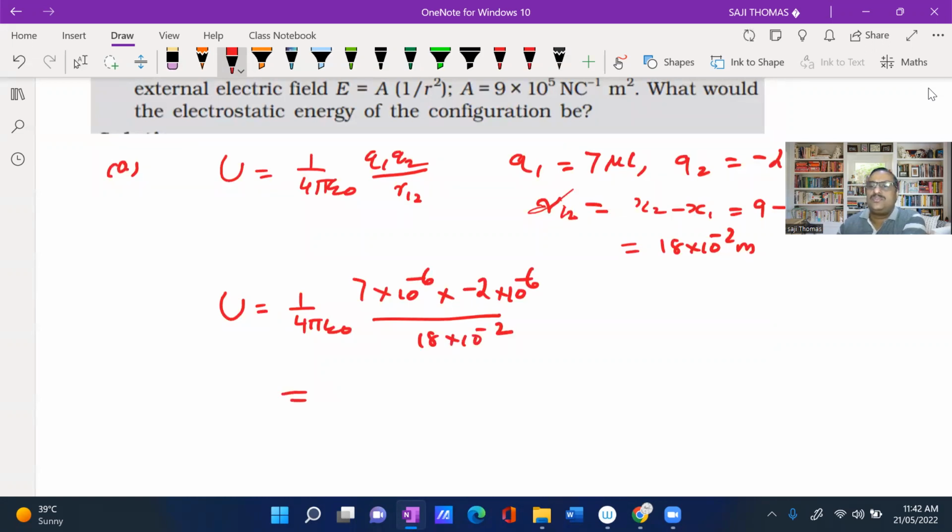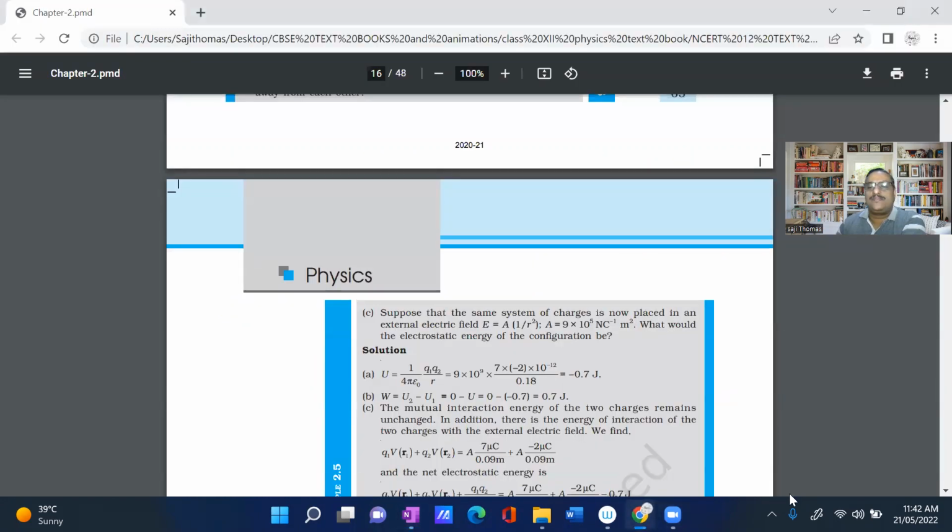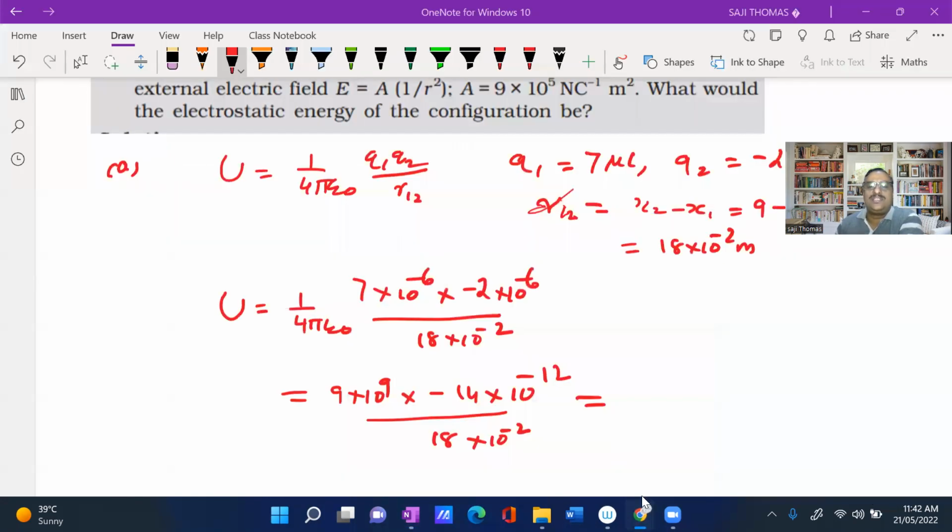The value of 1 by 4 pi epsilon 0, you must remember, is 9 into 10 raised to 9, into minus 14 into 10 raised to minus 12, divided by 18 into 10 raised to minus 2. You have to solve it. On solving, you will get the answer as minus 0.7 joule. Solve yourself, minus 0.7 joule.